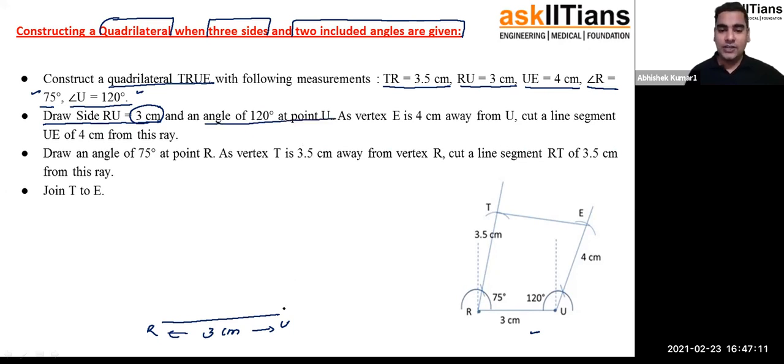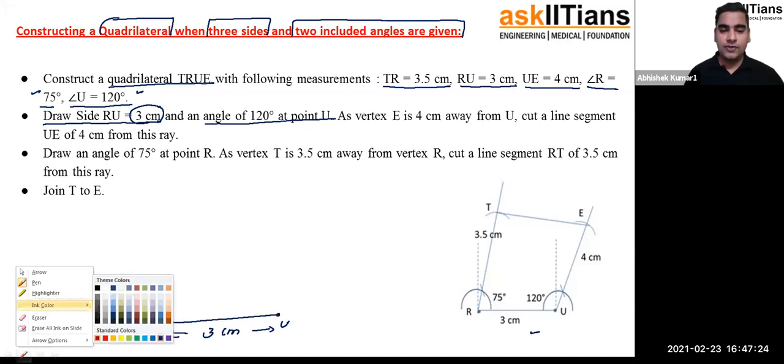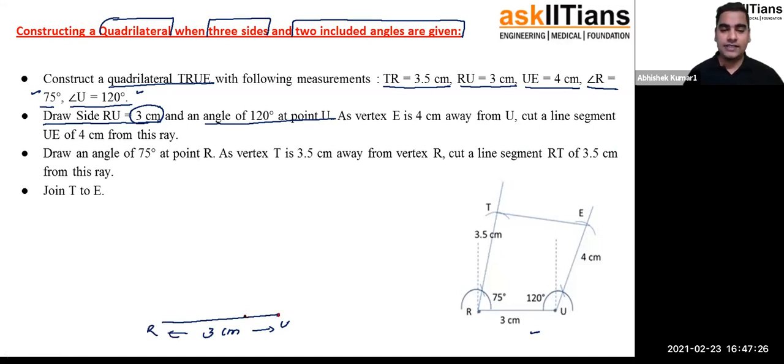So at point U we have to draw 120 degree, and we all know how 120 degree can be drawn using a compass. You have to assume U to be the center. Let me use another color to show that. You have to make a semicircle of any radius of your choice. Then assume this point to be the center and mark the first arc of the same radius. Now assuming this to be the center, mark the second arc of the same radius.